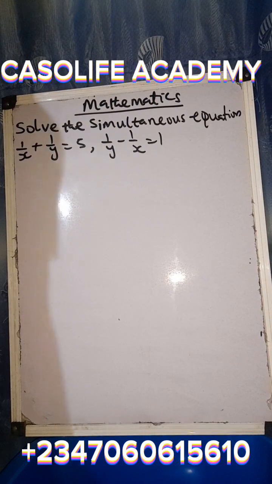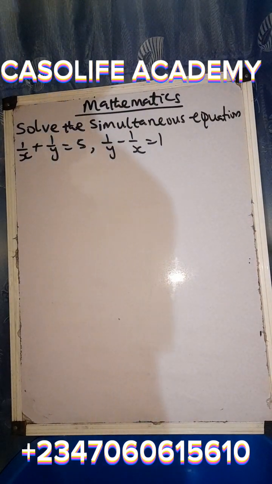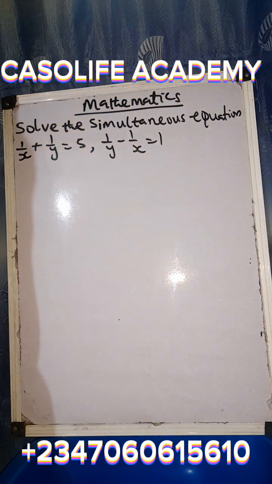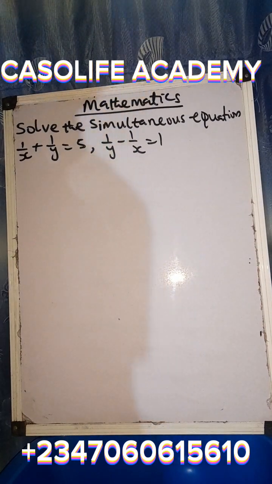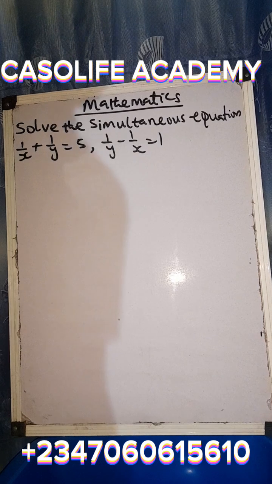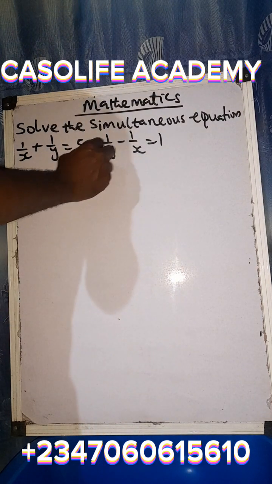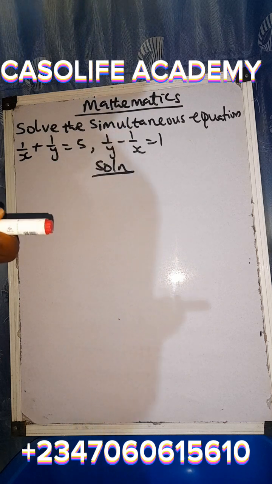Thank you. So today we are looking at this problem, which says that we should solve the simultaneous equation 1 over x plus 1 over y equals 5, and 1 over y minus 1 over x equals 1.